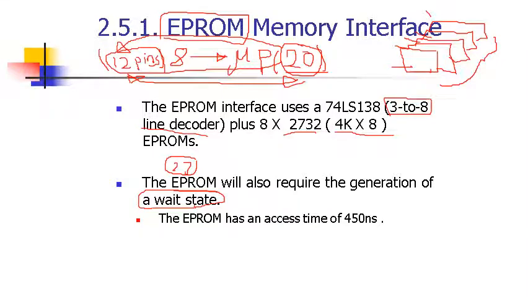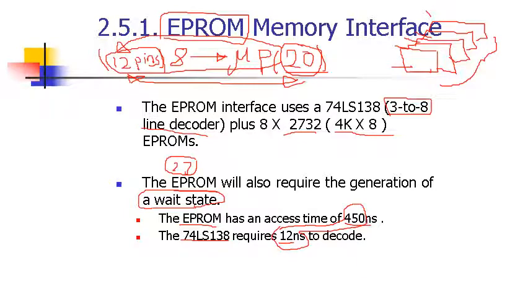This is because the EEPROM has an access time of 450 nanoseconds, in addition to 12 nanoseconds for the decoder to decode an address, making altogether 462 nanoseconds.